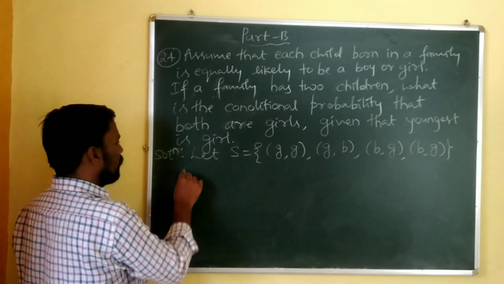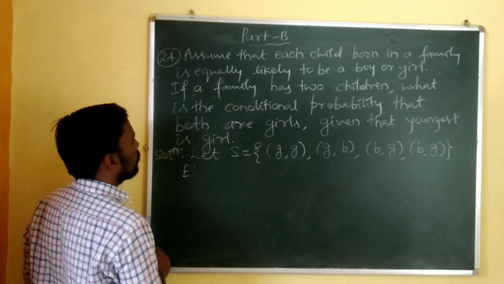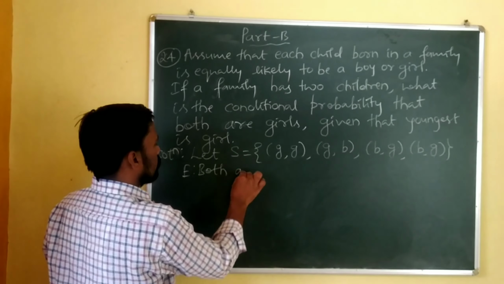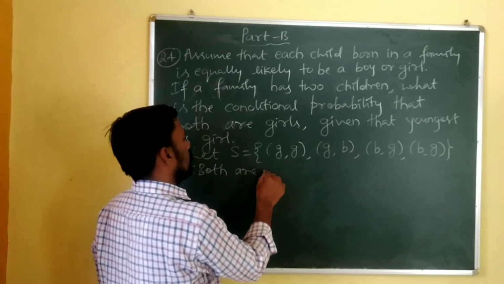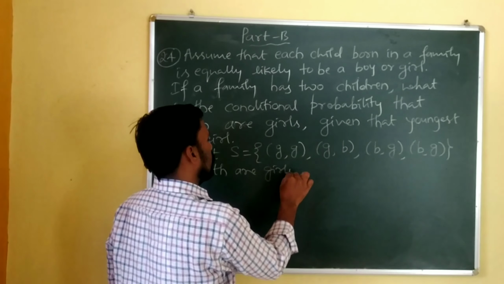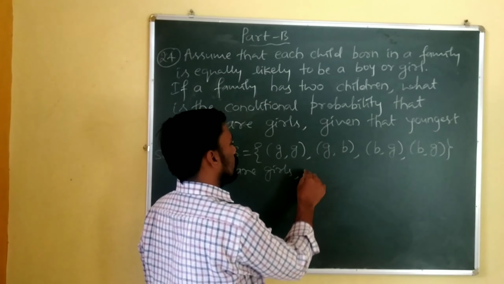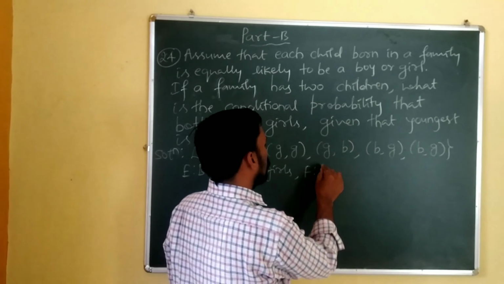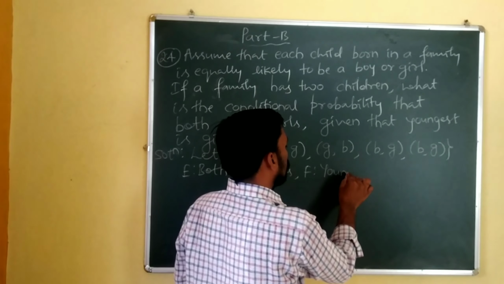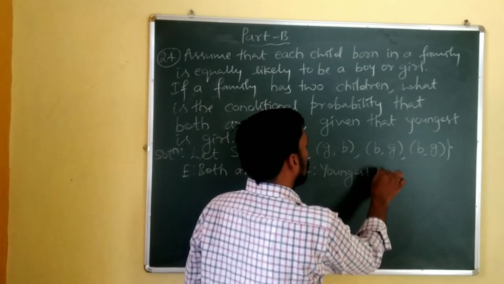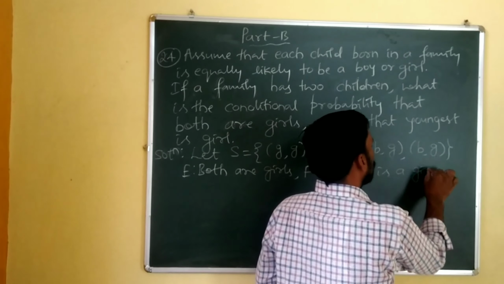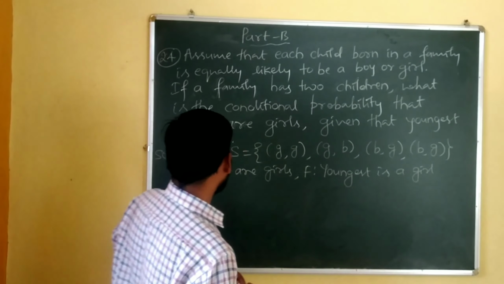So let me take the events. Let E be that both are girls. And take the second event, F: given that the youngest is a girl.